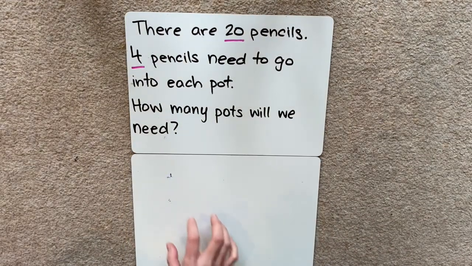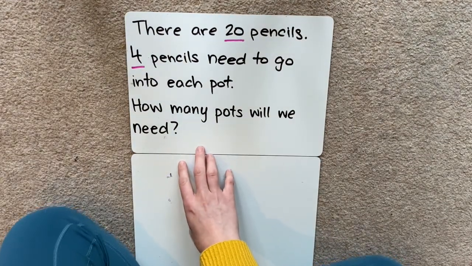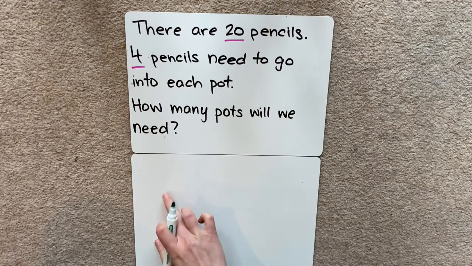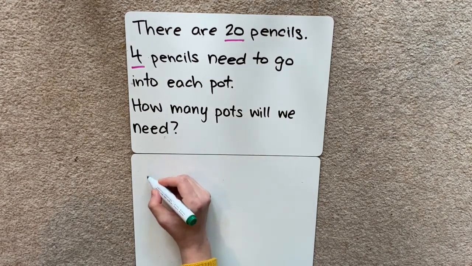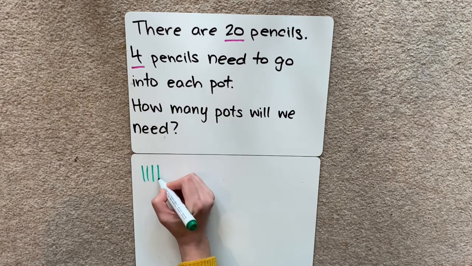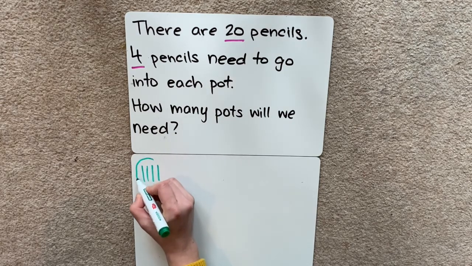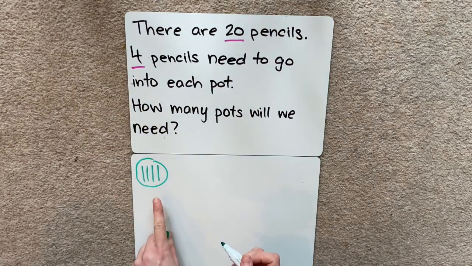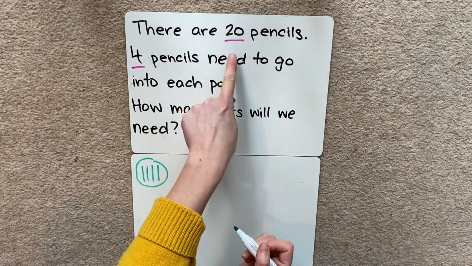So we've got 20 pencils all together. 4 pencils need to go into each pot. So I'm going to draw a pot of pencils. 1, 2, 3, 4, and I'm going to circle that group of 4. That's 4 pencils in one pot. I need 20 pencils altogether.